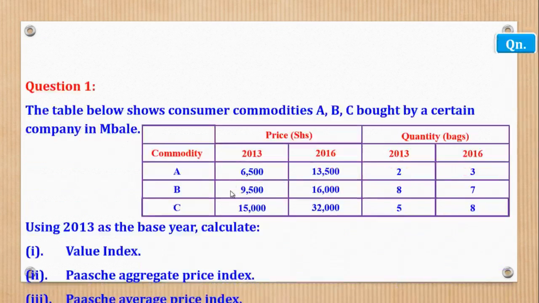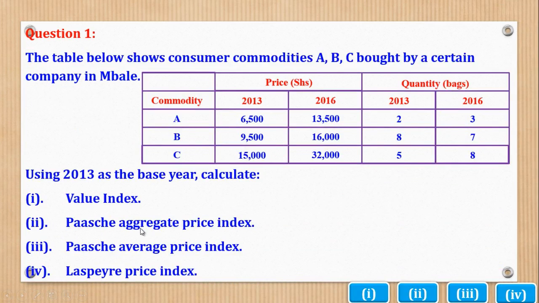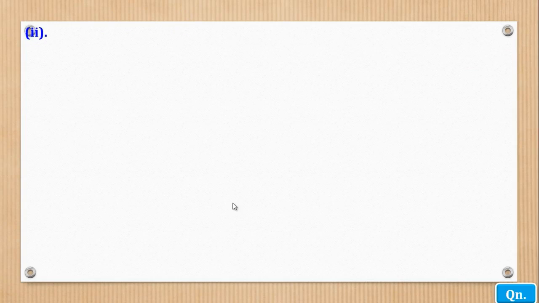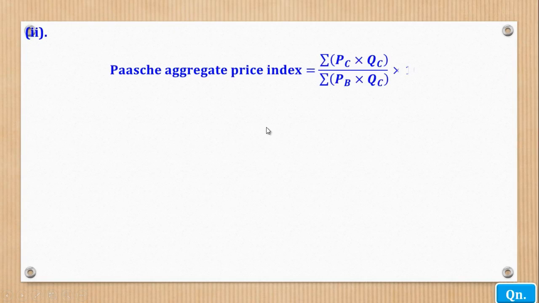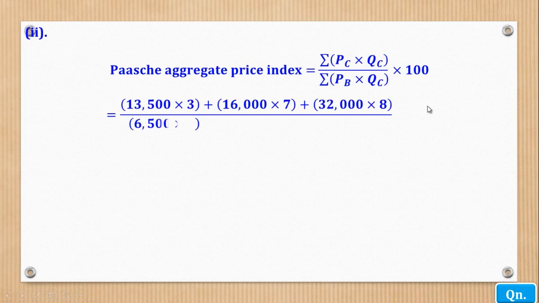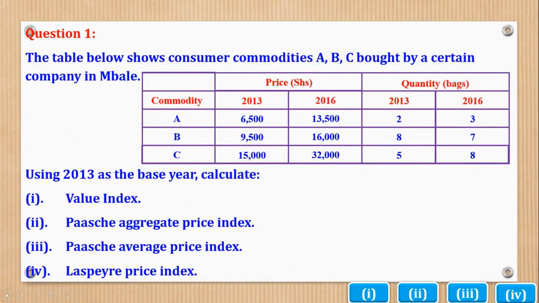So now we shall go to Roman 2. They wanted the Paasche aggregate price index. Remember, Paasche uses current year quantities. Therefore, you'll come and quote the formula. Then from there, you're going to substitute. So substituting, you must realize that it uses only current year quantities. Therefore, if you go back here, for the numerator, it will be PC times QC.